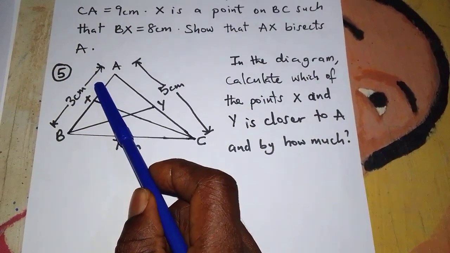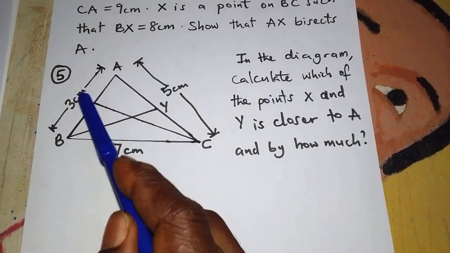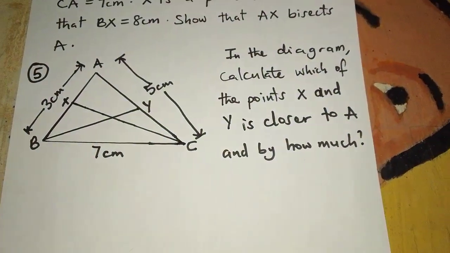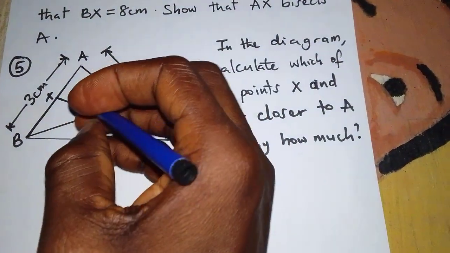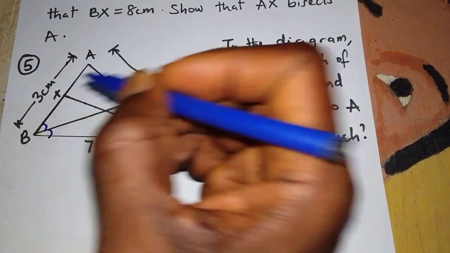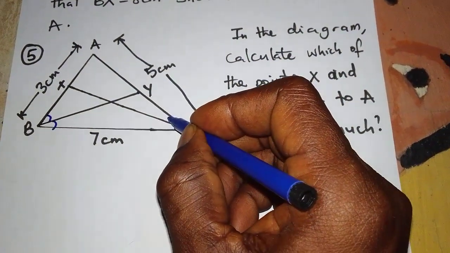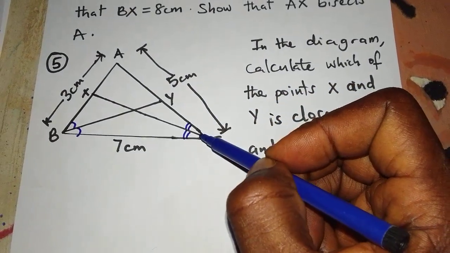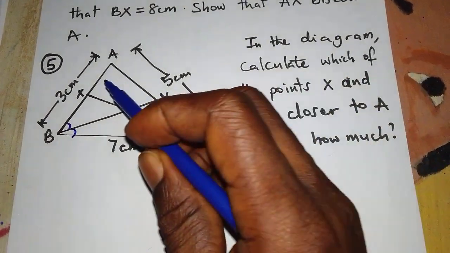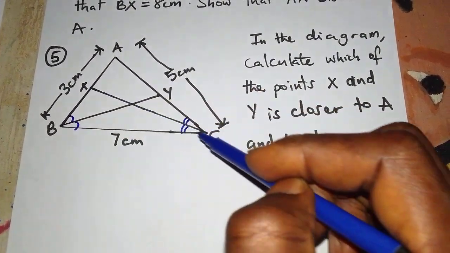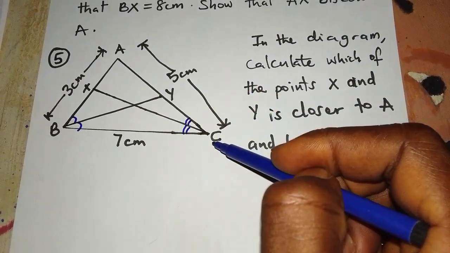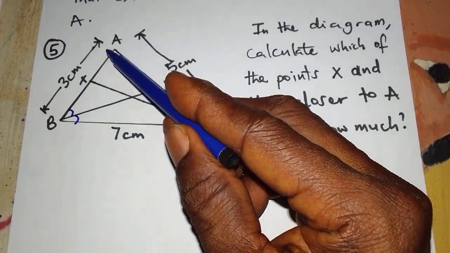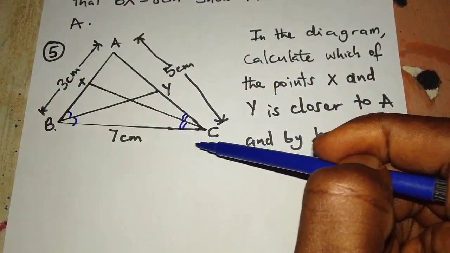Now, look at this diagram. This is triangle ABC. If this angle is equal to this angle, and this angle is equal to this angle, it shows that line CX is a bisector of angle ACB, and line BY is a bisector of angle ABC.